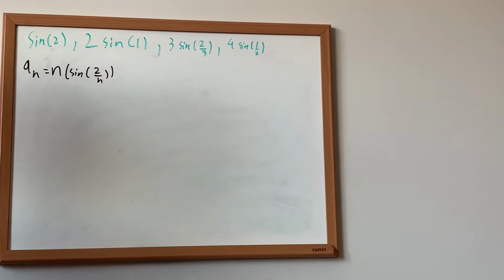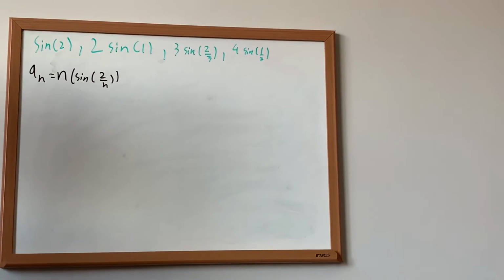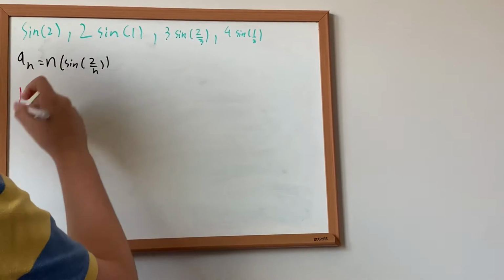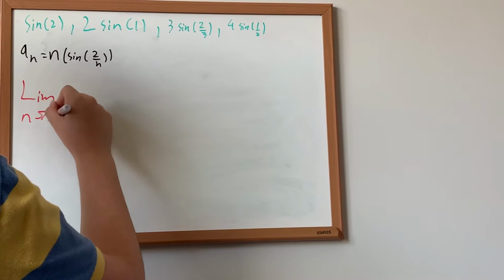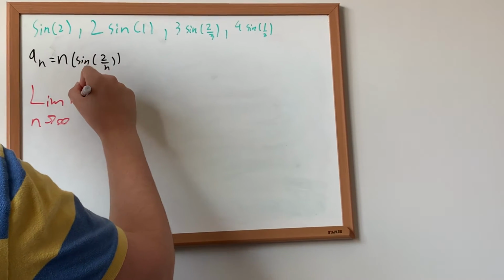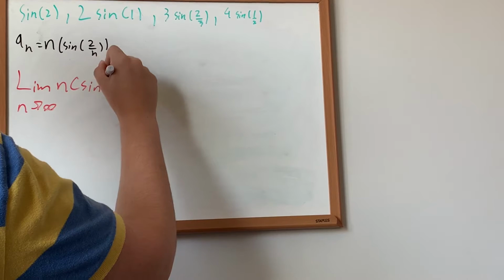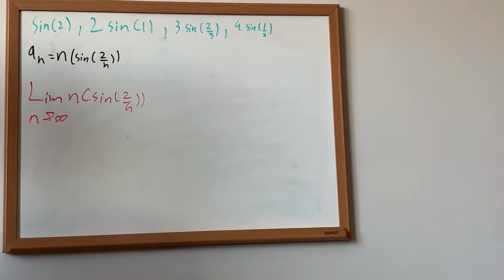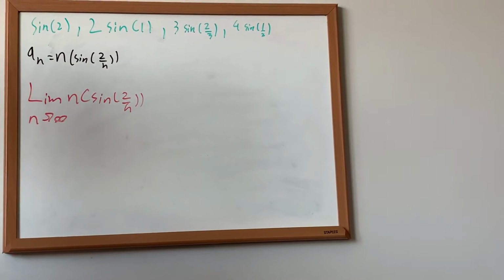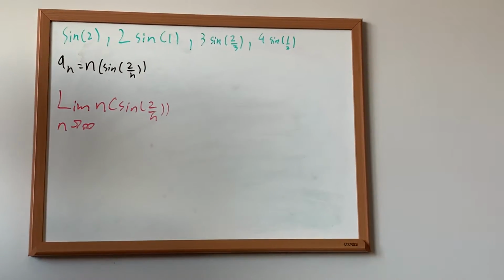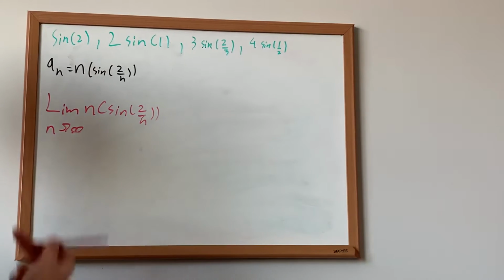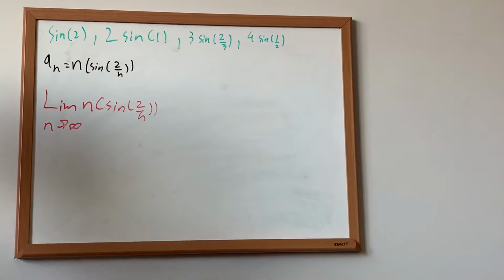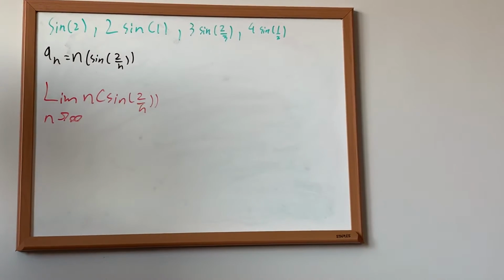So now for checking if a sub n converges or diverges, we should take the limit as n approaches infinity of n times sine of 2 over n. Now, this limit is a little hard because if we put infinity, we get 2 over infinity, which is 0, sine of 0 is 0, and you're doing a limit with 0 times infinity, which is not determined in limits.